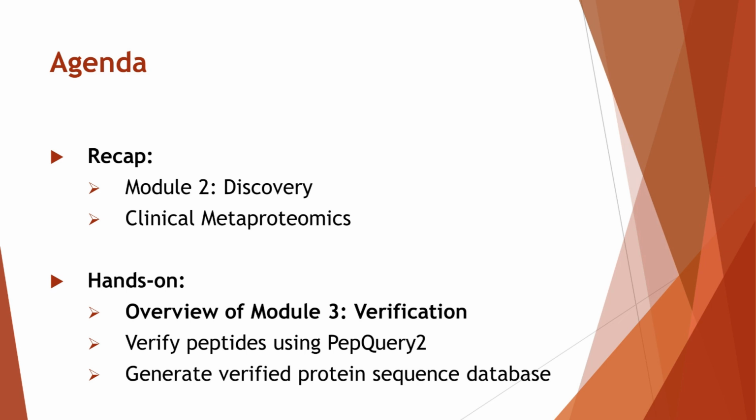We will start with summarizing where we left off in the discovery module, as well as where we are in the clinical metaproteomics tutorial. Then, in the hands-on section, we will start the verification workflow, where we will verify that the peptides from Module 2 are indeed of microbial origin.